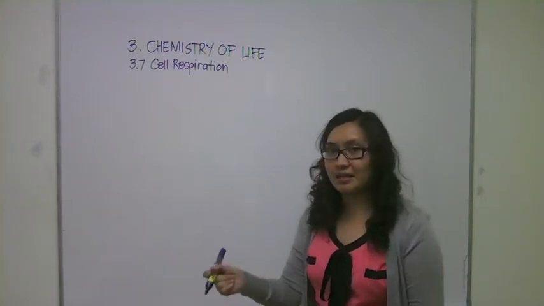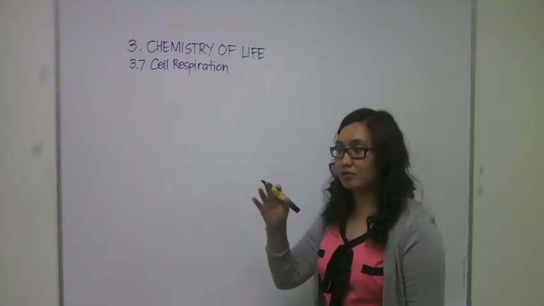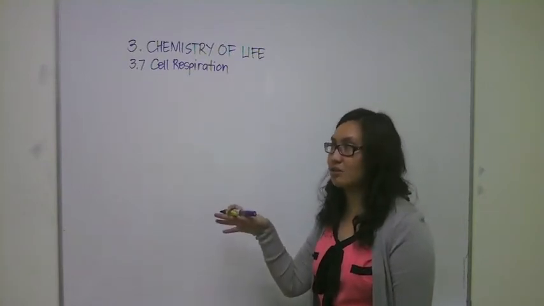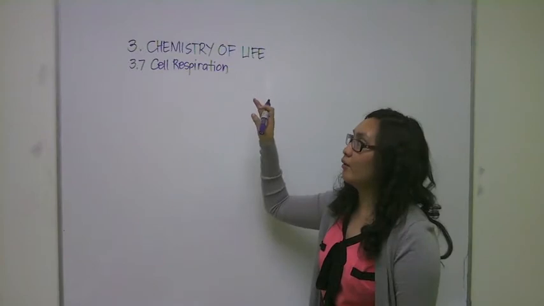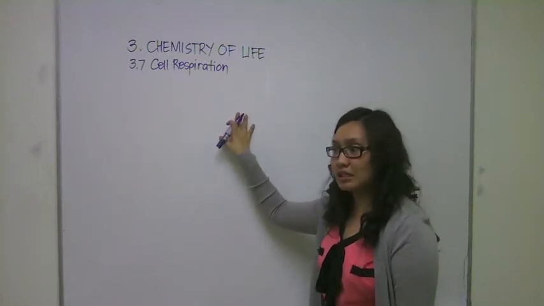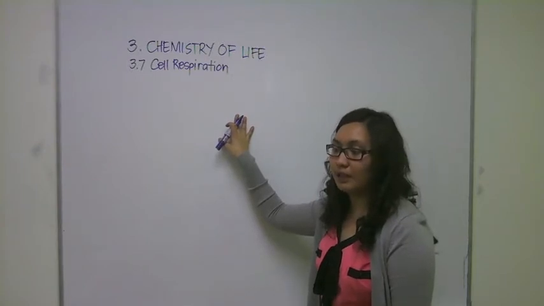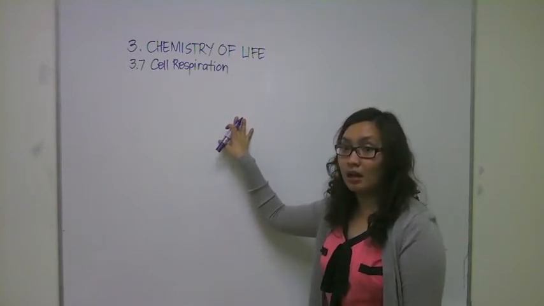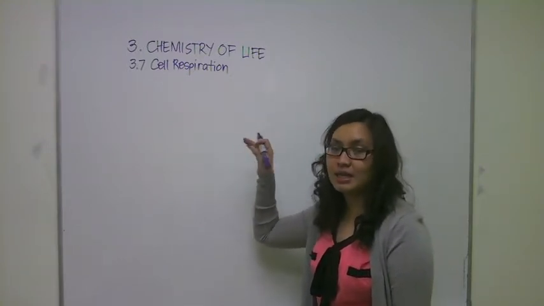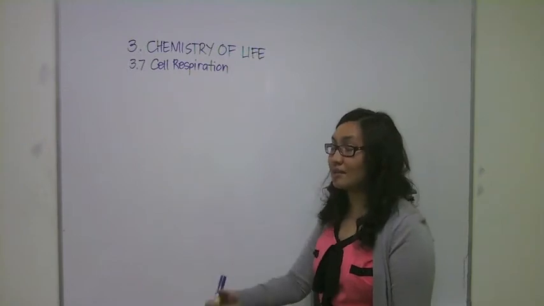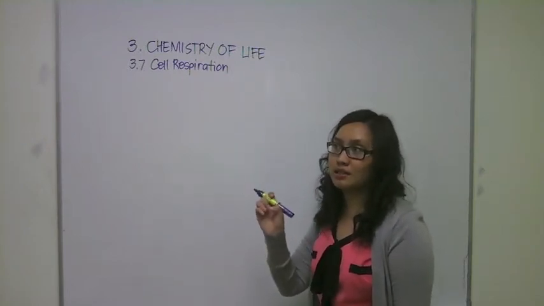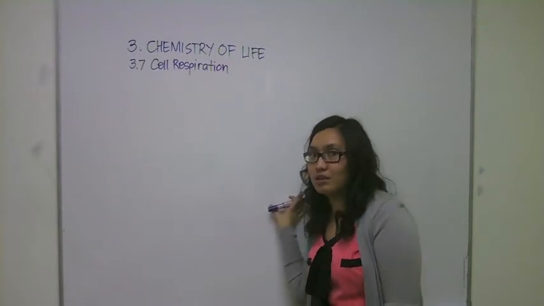Since energy transfer in cells is divided according to SL students and HL students, this area, wherein cell respiration is categorized under chemistry of life, only needs an introductory explanation of what the whole process is. SL students don't really need the exact detailed processes compared to what HL students need.